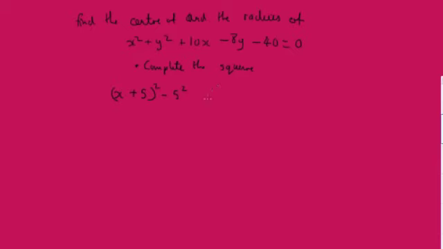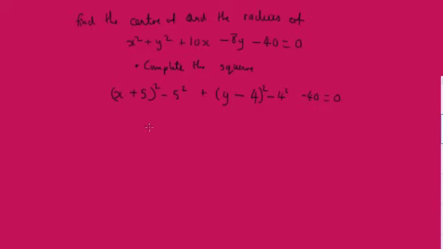And then plus the y terms, so y, and it's minus 8, so it's going to be y minus 4 squared minus 4 squared, and then we've got minus 40 equals 0.